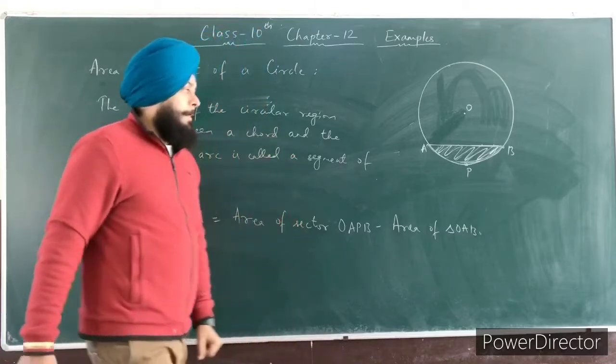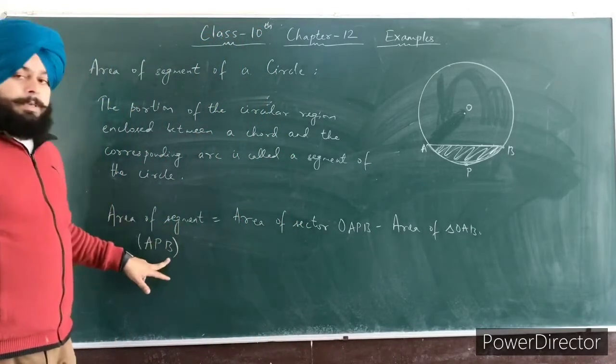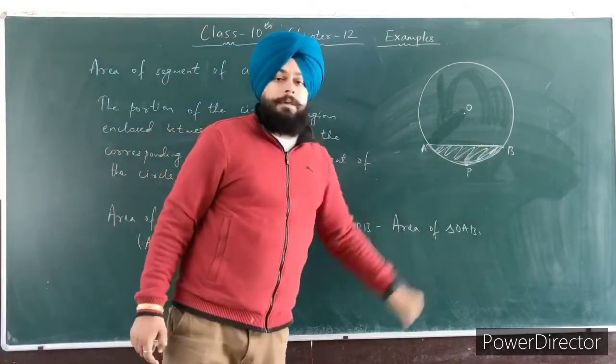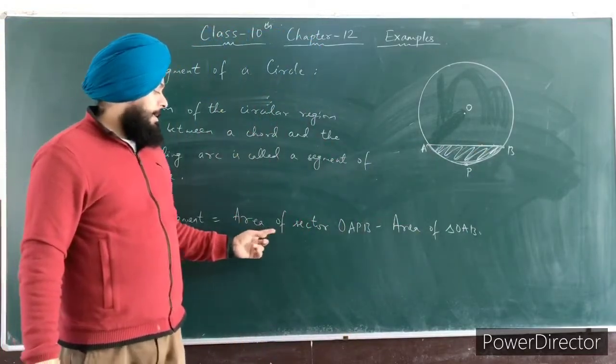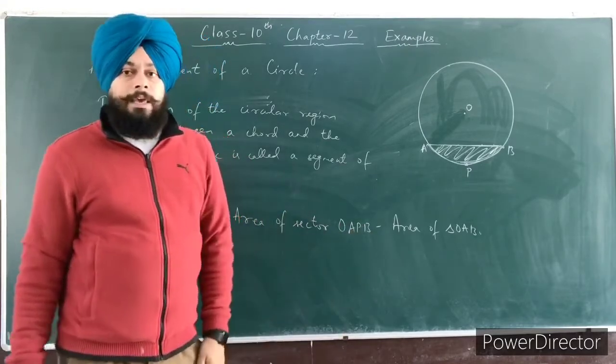Alright students. So how will we find its area? The area of segment APB, this one. Its formula is area of sector OAPB minus area of triangle OAB.